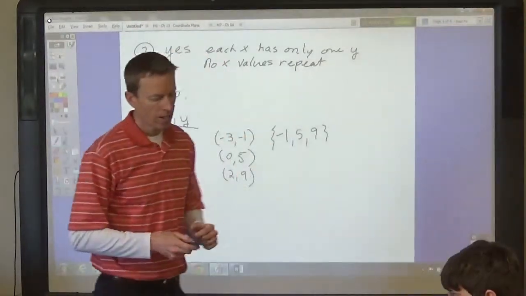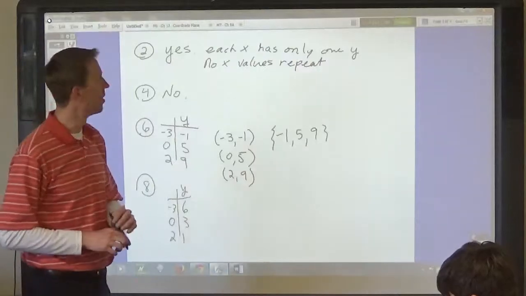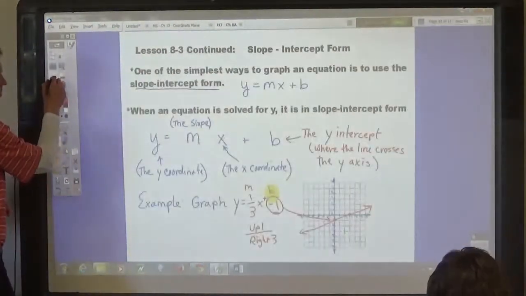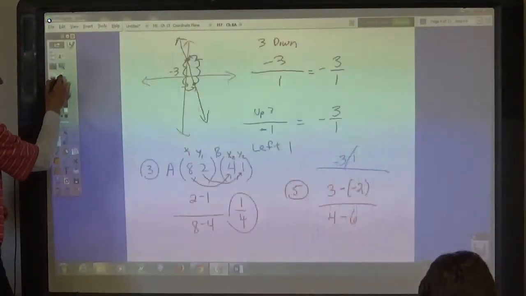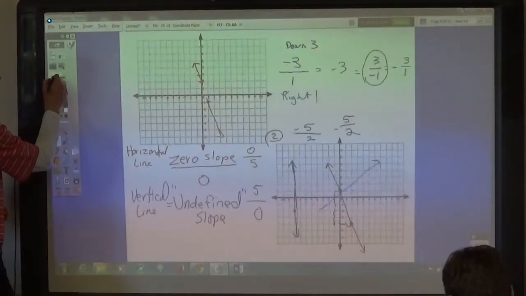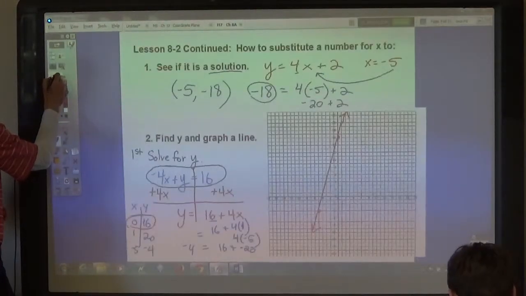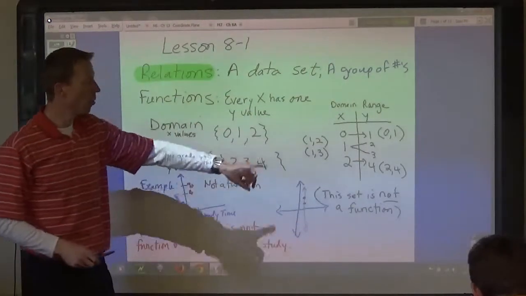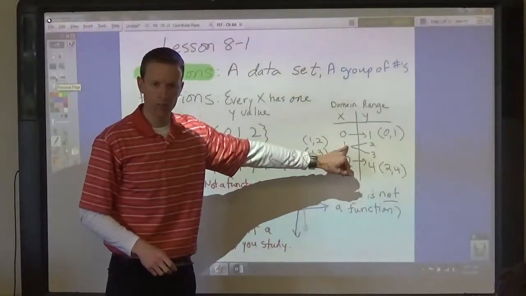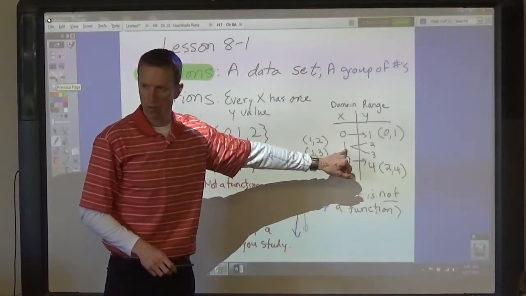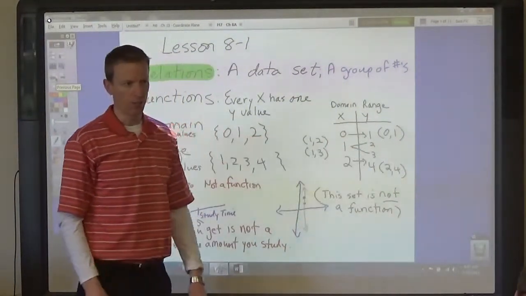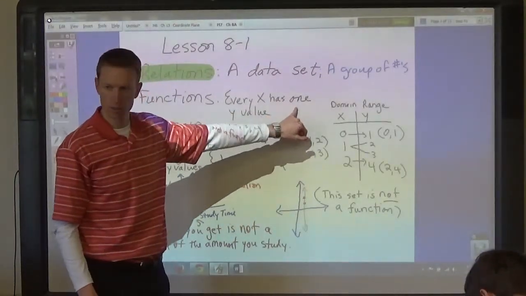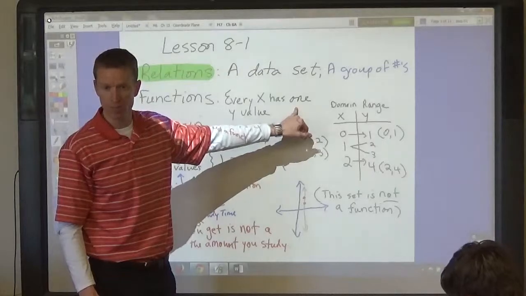Okay? Is the relation a function? Remember when we talked about this, we said that a relation is a function if the set of points has only one value to go with each x value. So if each x value has only one y value, then it's a function.